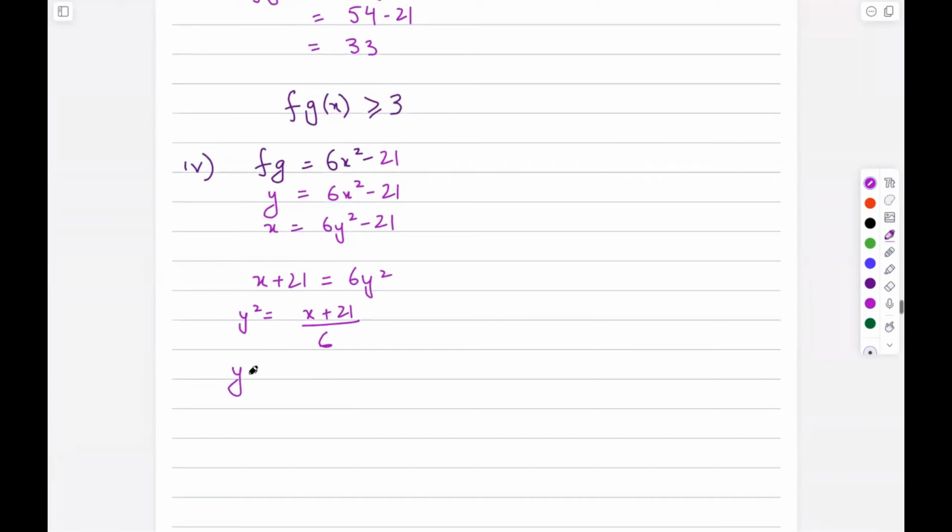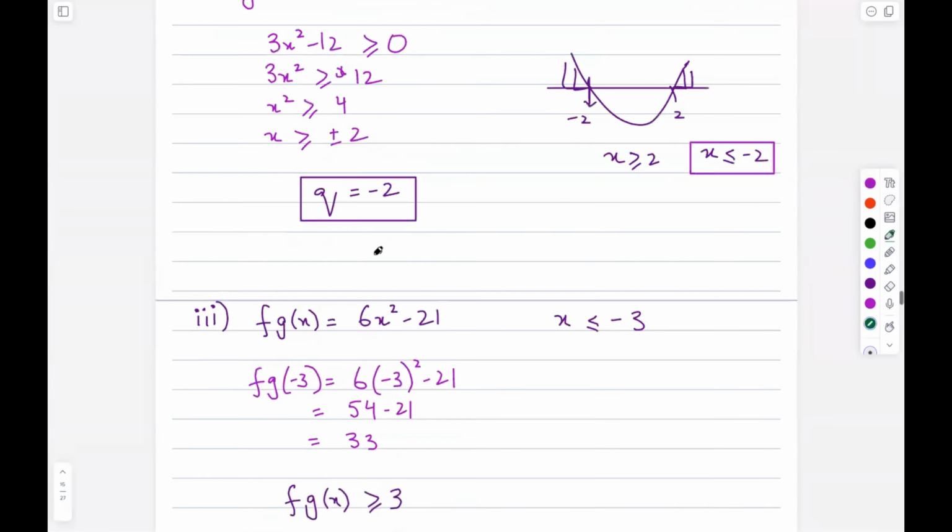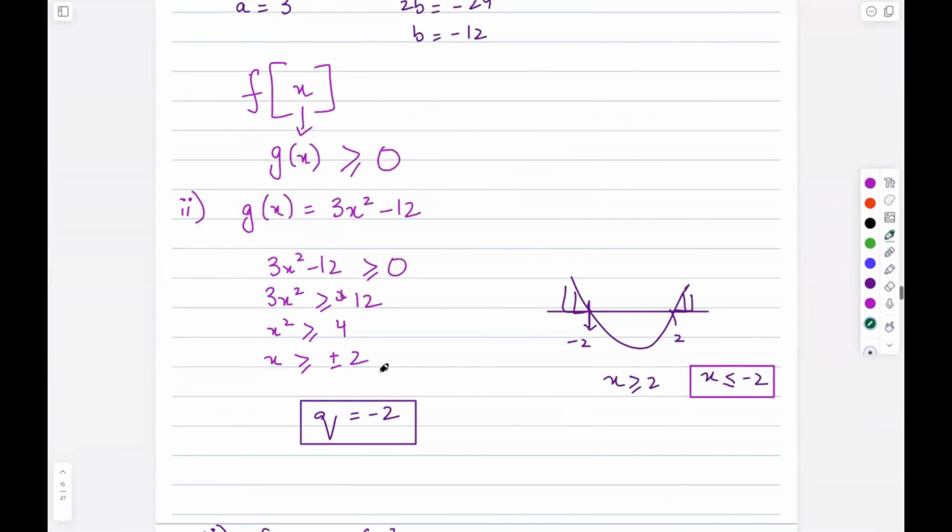Taking the square root, this will become y is equal to the square root of x plus 21 upon 6. So we can write that the fg inverse function will be equal to the square root of x plus 21 upon 6.